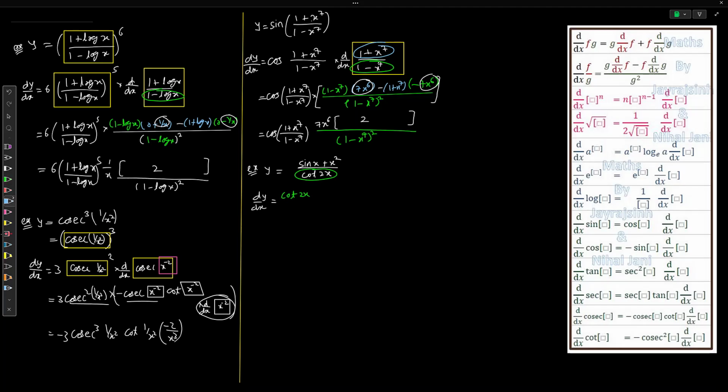We'll focus on differentiation of the numerator, that will be cos x plus 2x, minus numerator will be as it is and differentiation of denominator which is minus cosec square 2x into coefficient of x, 2. Okay, whole divided by denominator square. Ta-da! Now keep this in mind, when everything combines it will be tough. Let's see the next one.